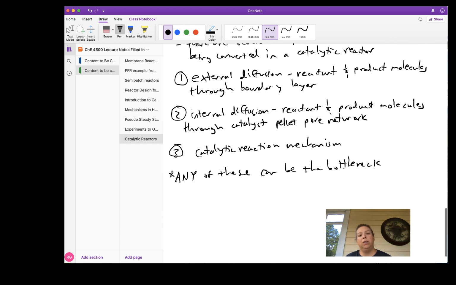So the cases we have looked at so far in this topic is the case where the catalytic reaction mechanism is the bottleneck. We said that there was some observed experimental behavior, and so we wrote a reaction mechanism to be able to capture that. When we say that, what we're saying is that external and internal diffusion are so rapid compared to what goes on in the catalytic mechanism that the observed rate relies only on the catalytic reaction mechanism.